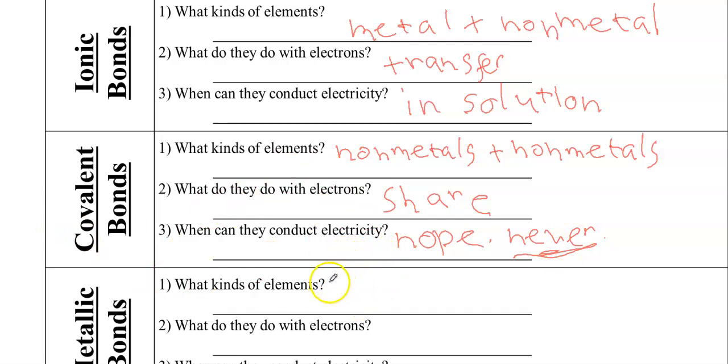In metallic bonds, it is a bond with metals only. So metals only. What do they do with their electrons? They're in their sea of electrons.